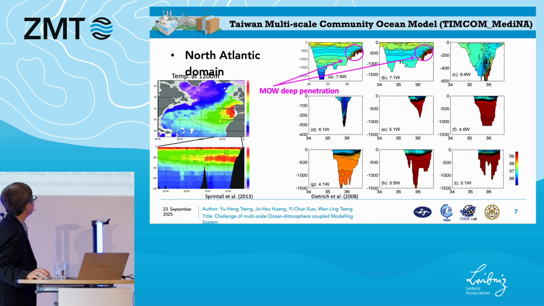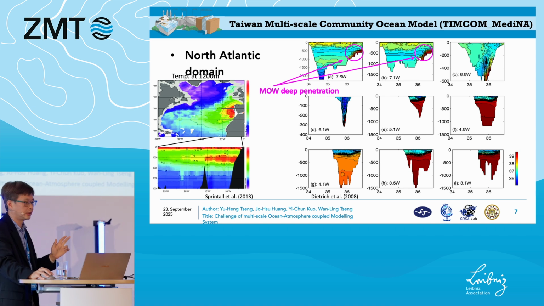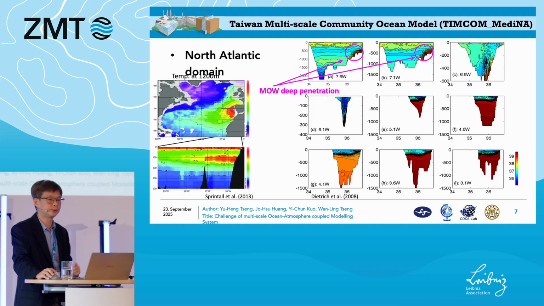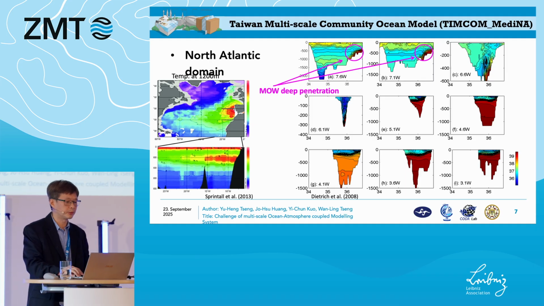We can see very strong warm waters coming into the North Atlantic. Indeed, the overflow waters can affect the AMOC and the North Atlantic circulation, because when it moves into the North Atlantic it turns right. So this overflow is something we cannot ignore in the model.